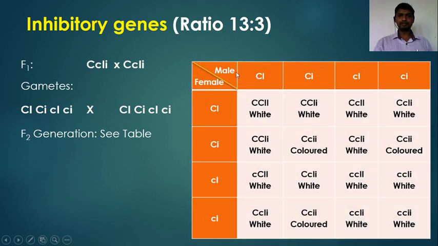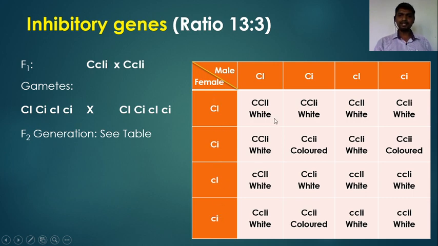These are the gametes from the male parent, these are from the female parent, and by the fusion of male and female gametes the progeny are produced with genotypes such as CCII, with a white phenotype. In this way, 16 combinations of various genotypes are formed using a checkerboard by crossing the gametes from the male parent and the female parent.